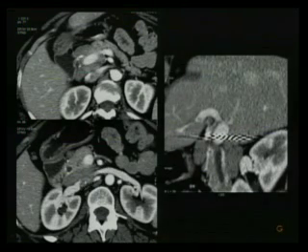This is the IVC with the right renal and left renal veins, and in between we have this structure that was a big lymphadenopathy. That was the one that was positive on PET.